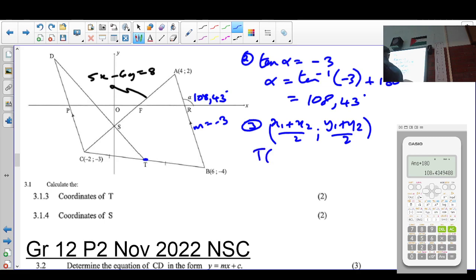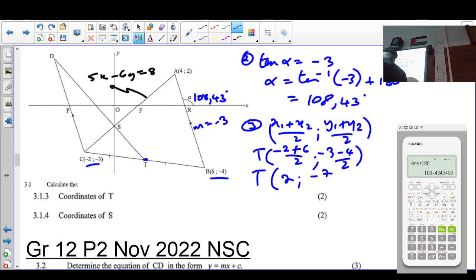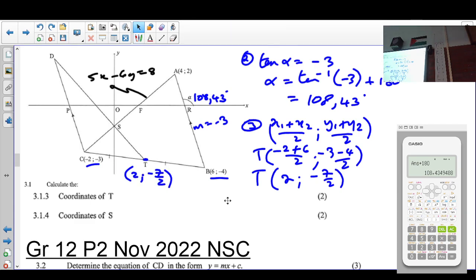So T is simply going to be, using these coordinates, (-2 plus 6) over 2 and (-3 minus 4) over 2. So that is 4 over 2, which is 2, and negative 7 over 2.